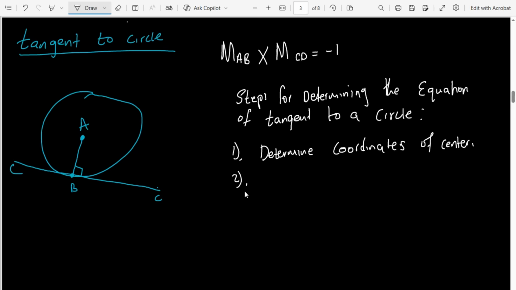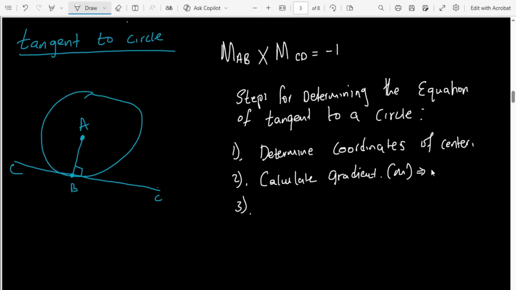Number two, you need to calculate the gradient. That's the second step. Number three, you're going to need to determine the gradient between the center of the circle and the point of intersection.